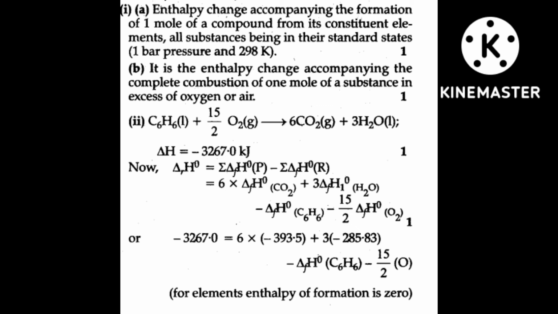You were not knowing, now you know that C plus half O2 forms carbon monoxide, and the heat of reaction delta H will be minus 110.5 kilojoule, meaning heat will evolve. In this process also heat will evolve, because carbon monoxide is formed.